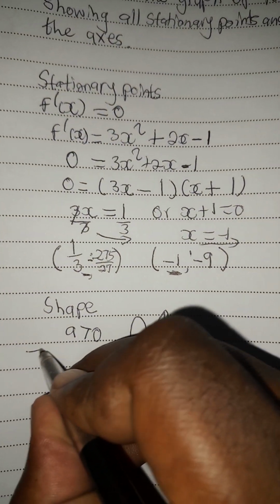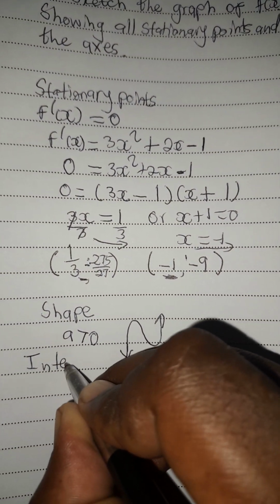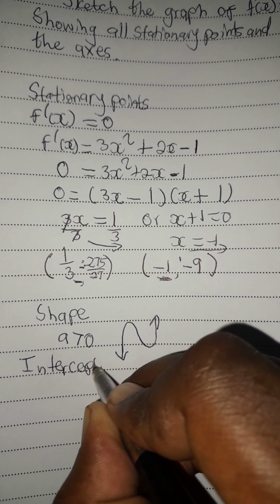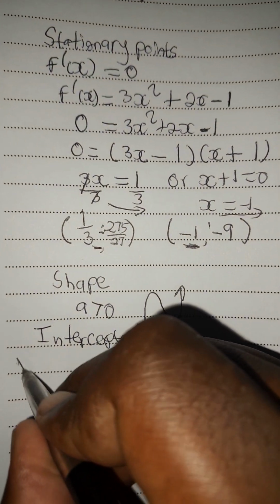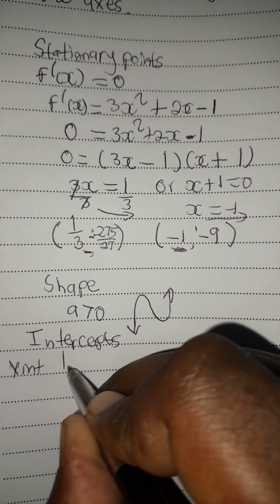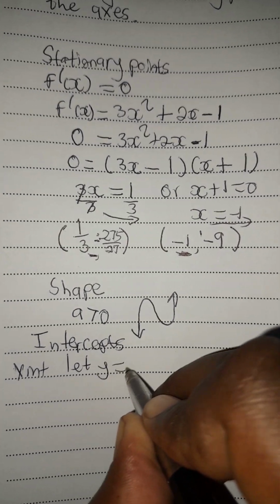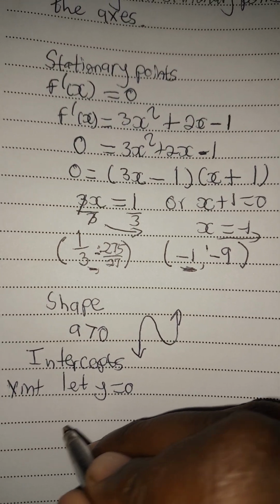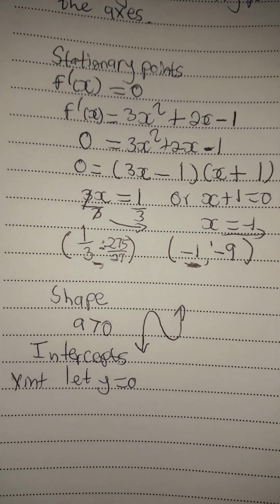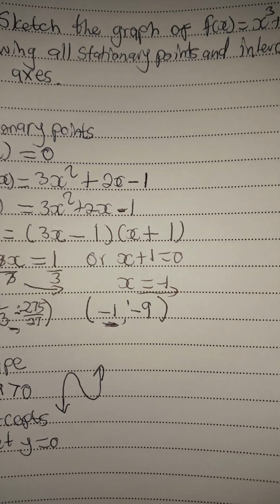Then the third thing that you need to look at is the intercepts when sketching a cubic function. To make life easier, remember that for the x-intercept, you let y be equal to 0. To get the x-intercept, remember that there's a method that we are using.